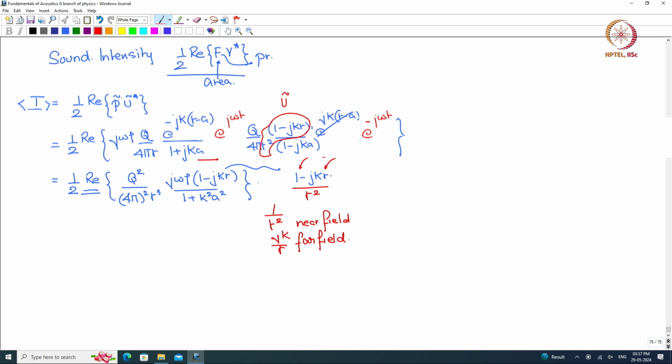So in choosing the real part, the near field is not chosen. So whatever averaged power is due to near field components is 0.